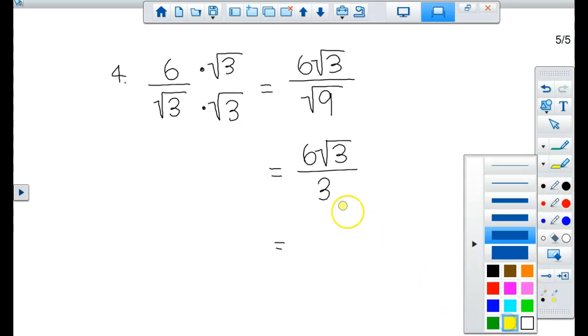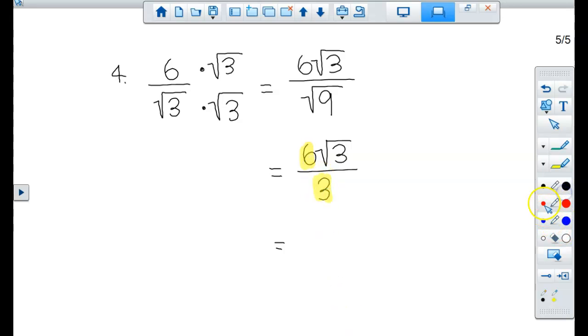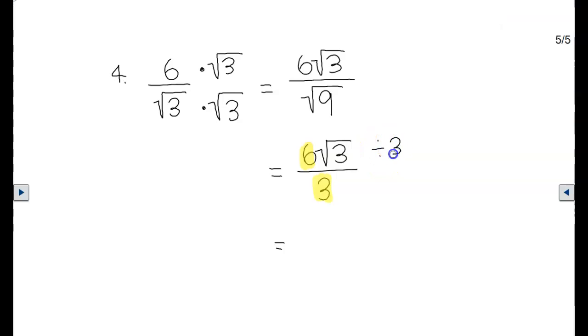Before you leave the problem, always look, as your last step, at these 2 outside numbers to see if you can reduce them. 6 and 3 will both divide by 3. So I should do that to reduce this. That's going to make it 2 square roots of 3 over 1. So that means I would just write this as 2 square roots of 3. That would be the simplest way to write it.